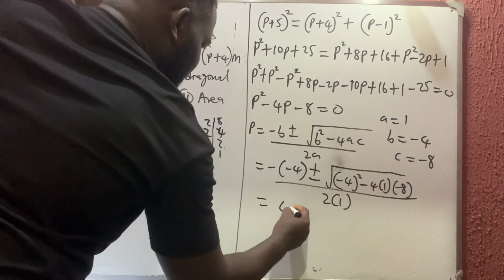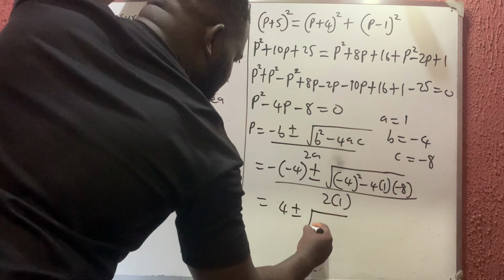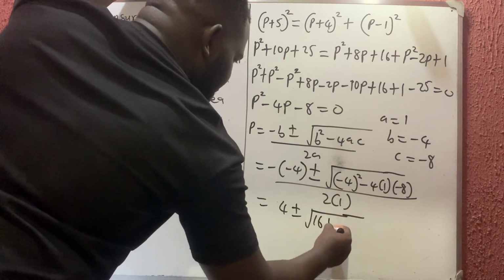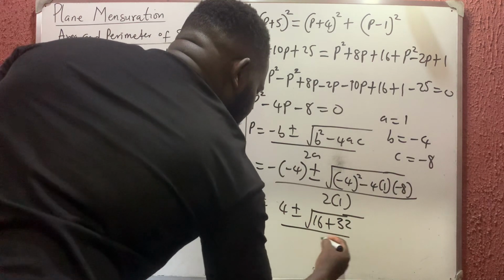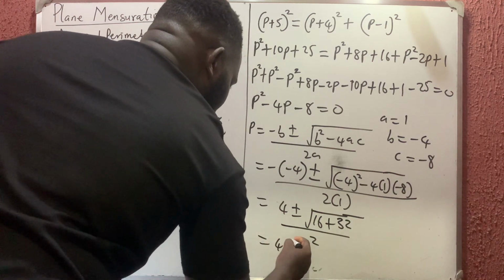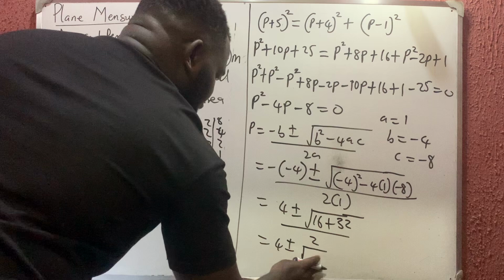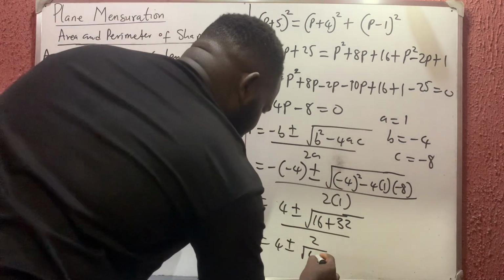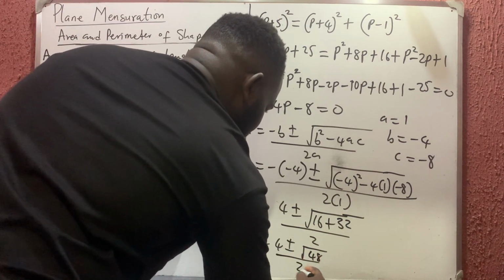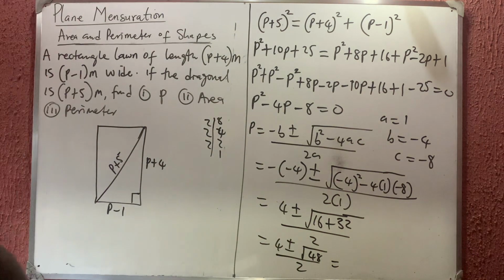So I'm having 4 plus or minus the square root of 16 plus 32, then everything over 2. What do we have here? 16 plus 32, I have 48.